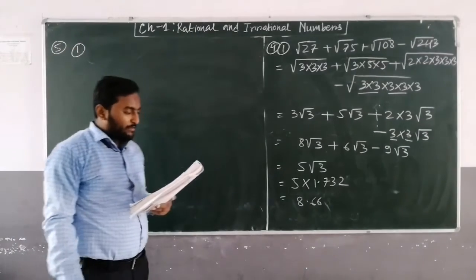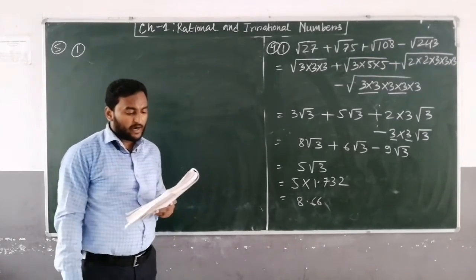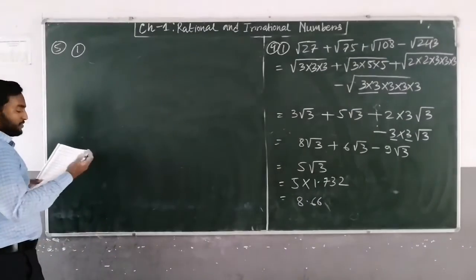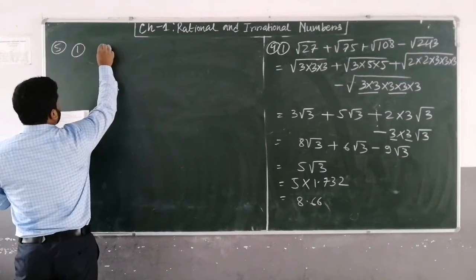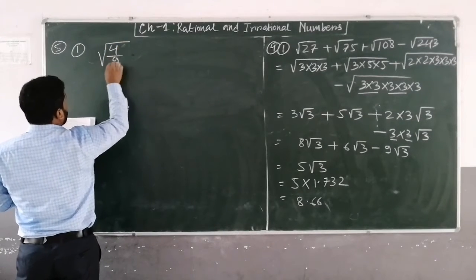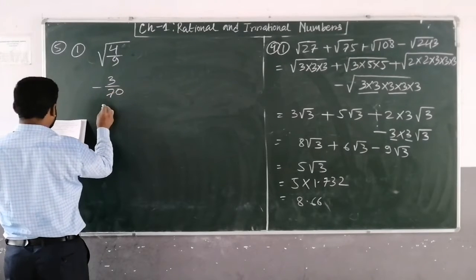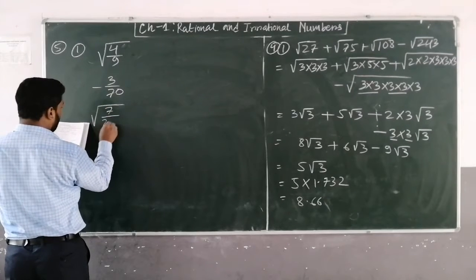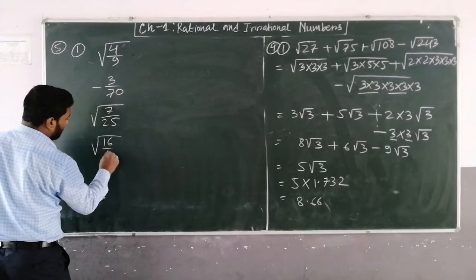In question number 5, what you have to do is state which of the following numbers are irrational. 4 numbers are there in each part. You have to tell which one is irrational, which one is rational. Only you have to tell which one is, oh sorry, irrational. Under root 4 upon 9 and minus 3 upon 70. Under root 7 upon 25 and under root 16 upon 5.